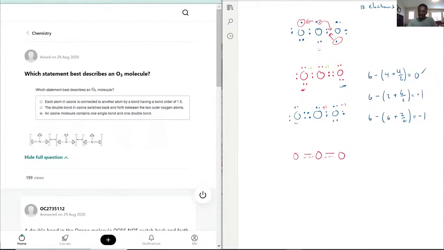it would kind of look like that, okay, to where one of the bonds is like dashed out, because it's not that the single or the double bond is switching back and forth. You actually have a complete structure where you kind of have 1.5 bonds, theoretically, okay? In this case, it would be like a pi bond and a sigma, or is it sigma pi? I think it's sigma first, then pi after.